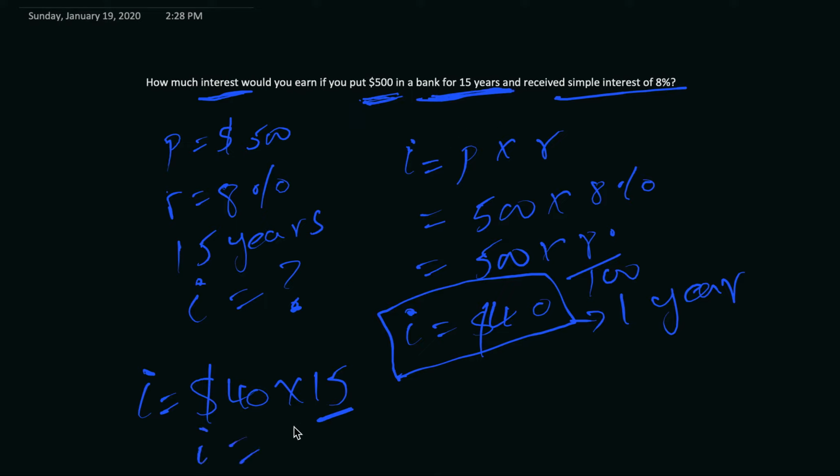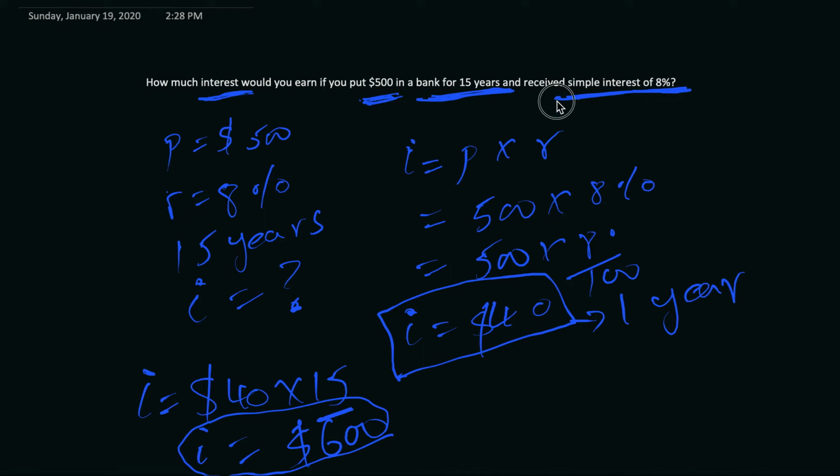So our interest would be 15 times $40, which is $600. So after 15 years, you can expect to earn $600 if you deposited $500 in a bank for 15 years with this simple interest, which is 8%.